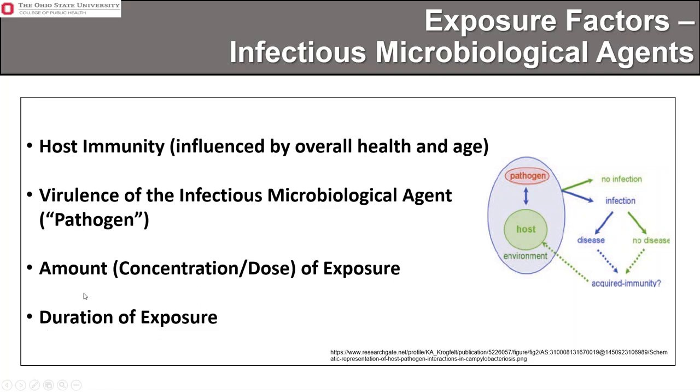Now, one distinction among others, but one distinction between infectious biological agents relative to all chemical agents and all radiological agents is this concept of proliferation. So organisms, viruses can infect cells and then the cells proliferate.